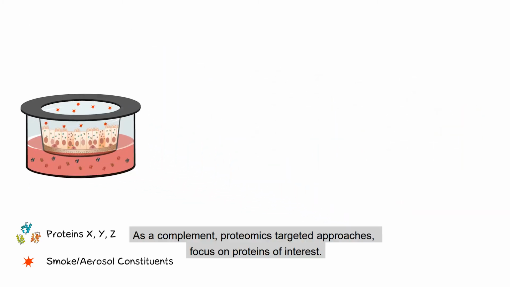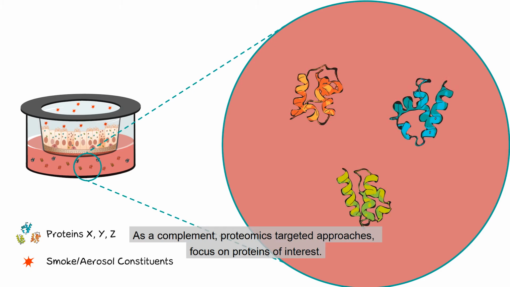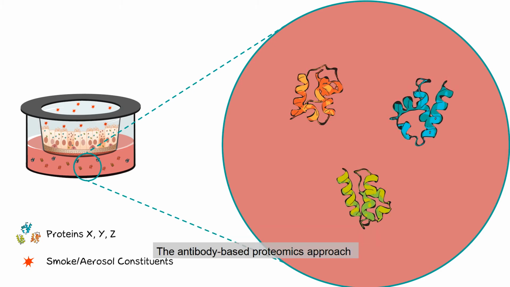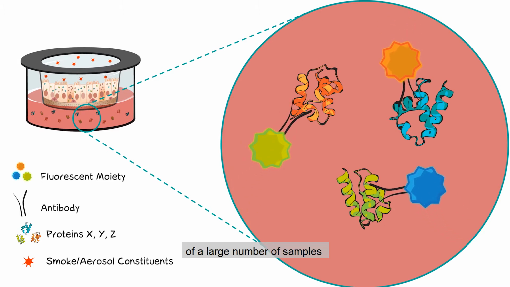As a complement, proteomics targeted approaches focus on proteins of interest. The antibody-based proteomics approach supports the rapid and targeted analysis of a large number of samples, such as for the measurement of released cytokines, markers of inflammation in the basal medium.